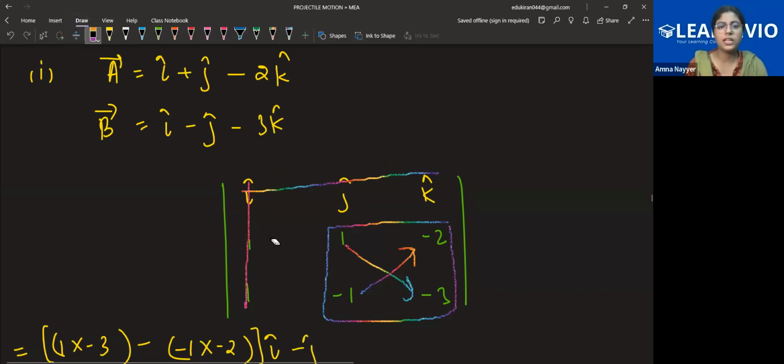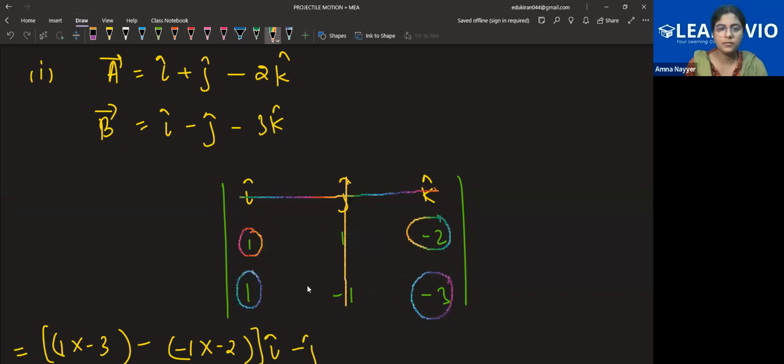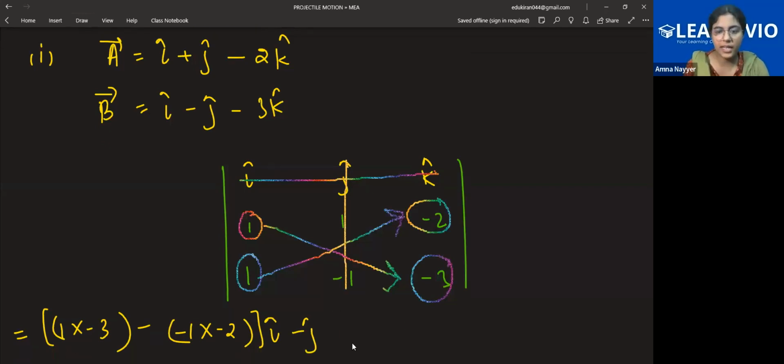Now, what about the J cap? This will be eliminated. So this minus this. Fine. So this will be 1 into minus 3 minus 1 into minus 2. Now let's talk about K cap.